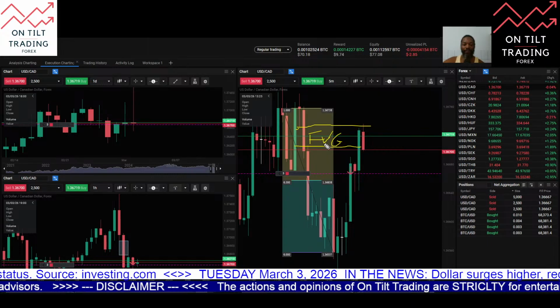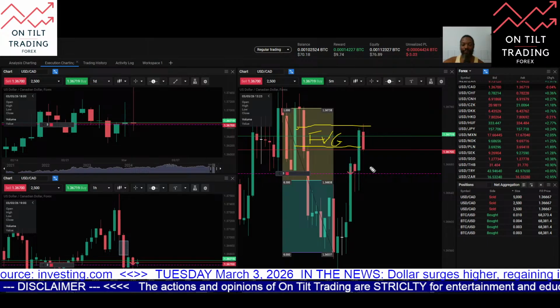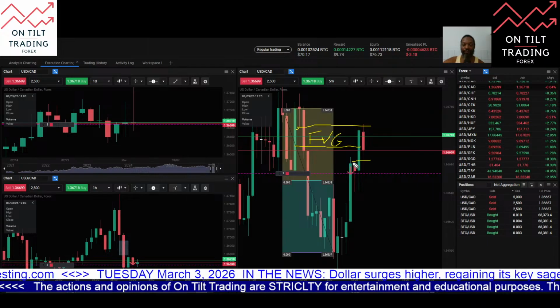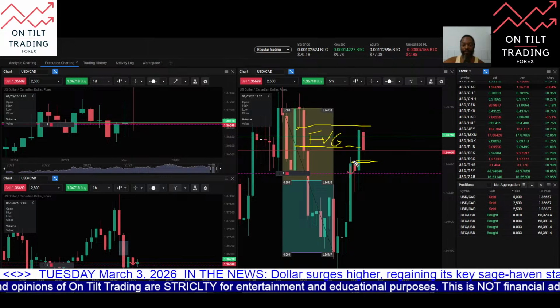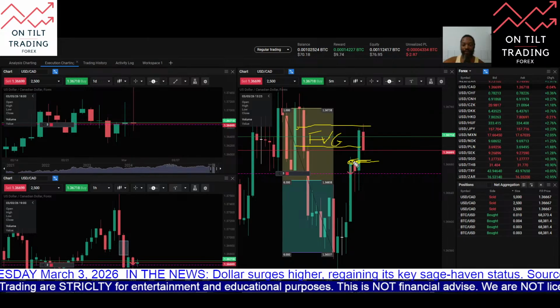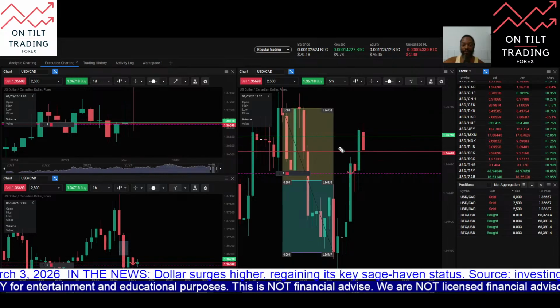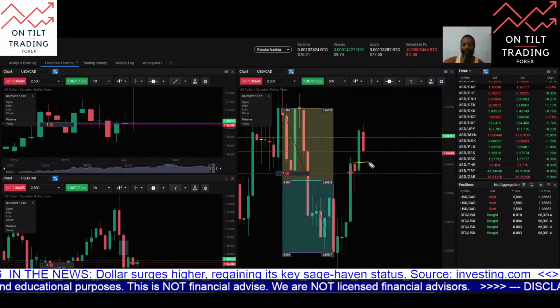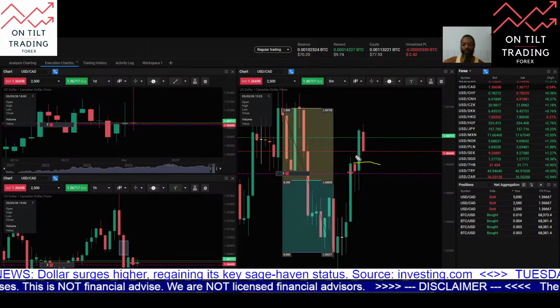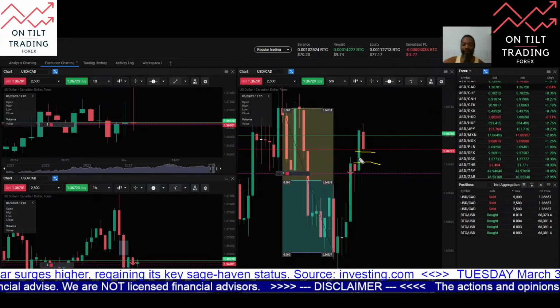And then seeing some sell side return, ideally wanting to see price in this candle return to this level here to close any potential fair value gaps here.